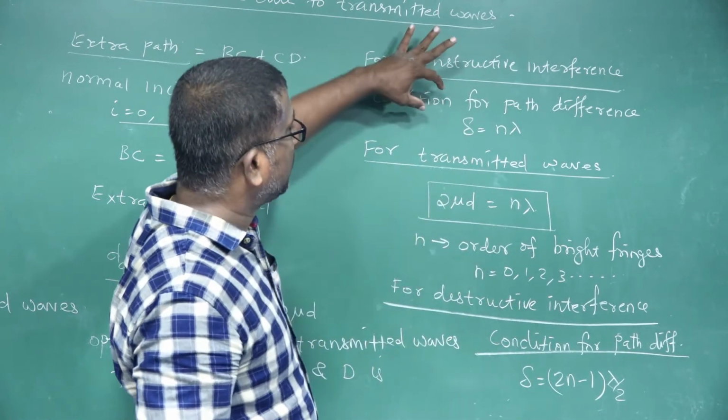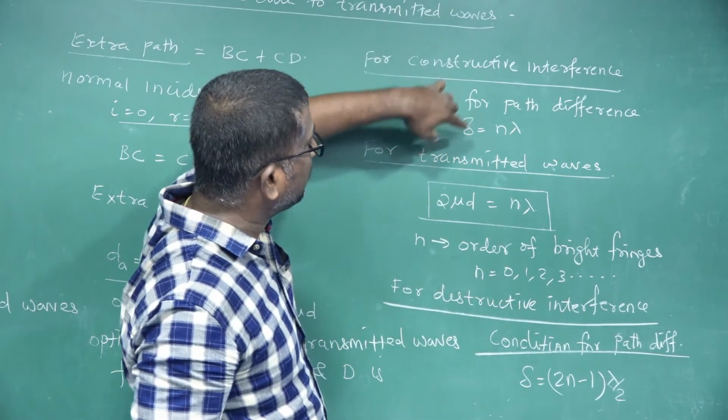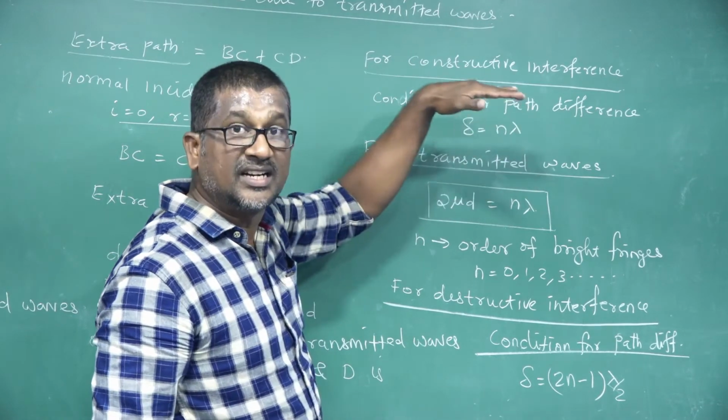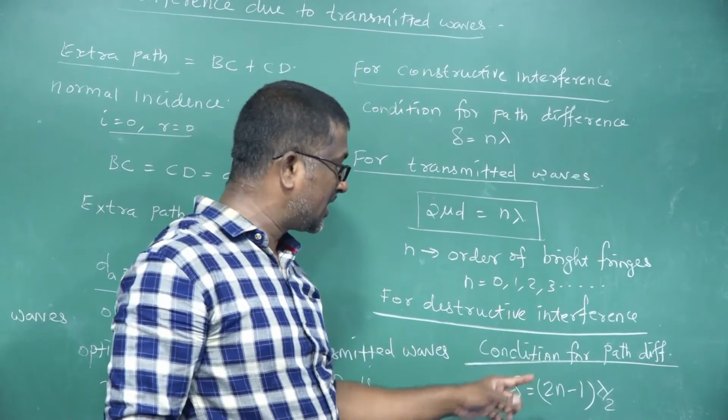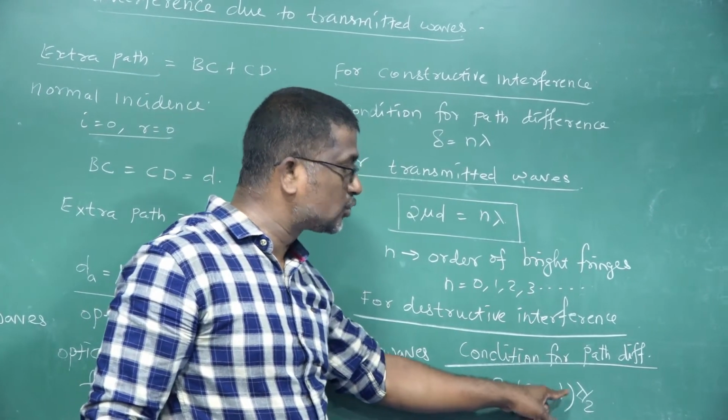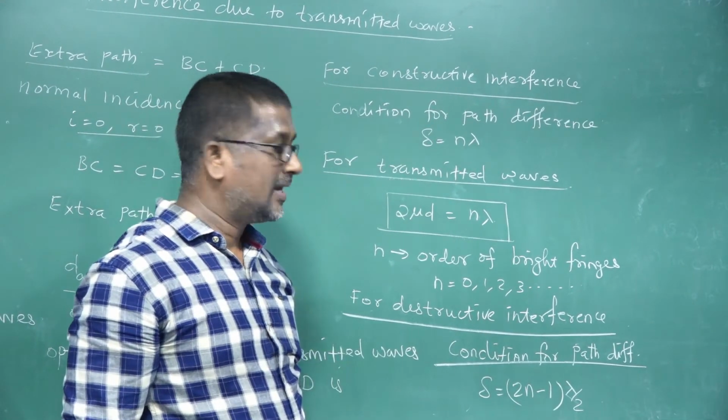Condition for path difference in the case of constructive interference is del is equal to n lambda, which is the general condition. And in the case of destructive interference, del is equal to 2n minus 1 lambda divided by 2.